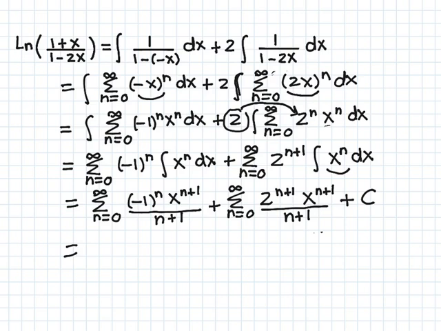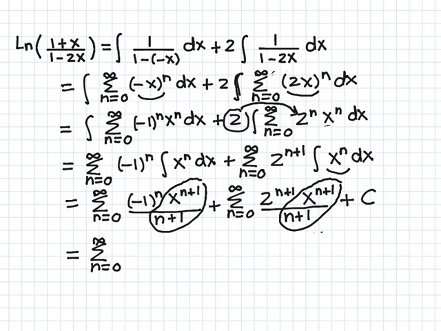Now let's group these two summations as one summation. So we have summation n equals 0 to infinity. Let's look for a common factor. What is a common factor? This part, x^(n+1) divided by n+1, appears in the second summation as well.